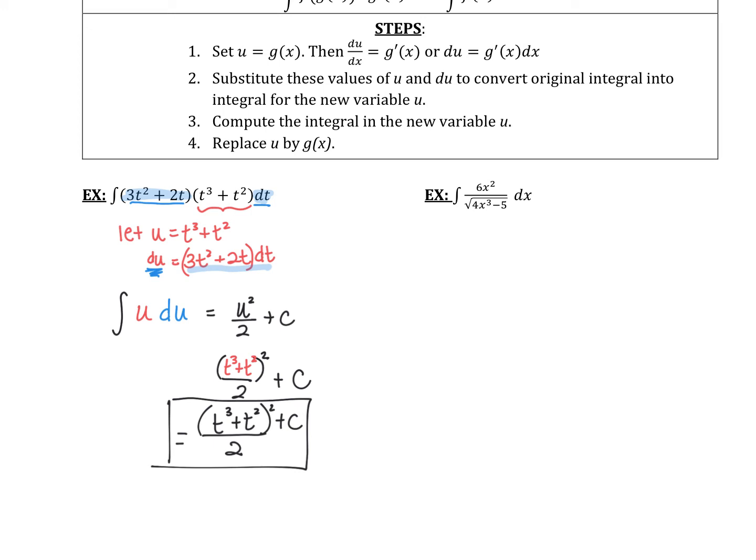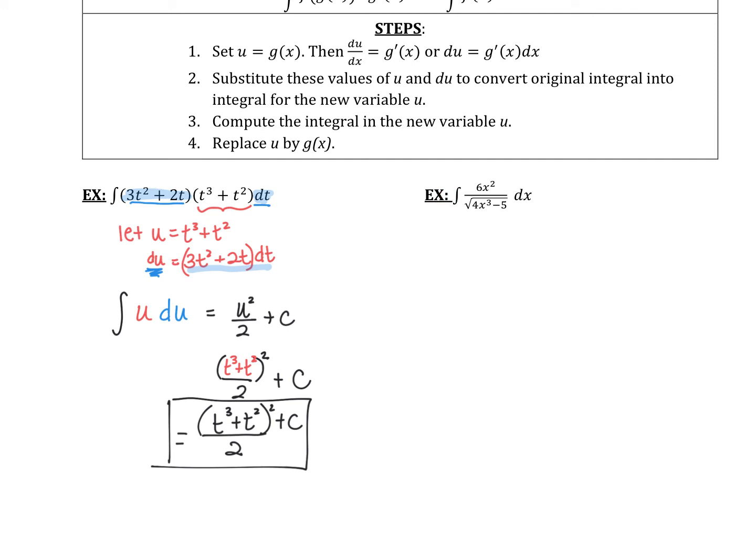We've got the antiderivative of 6x squared over the square root of 4x cubed minus 5 dx. Now remember that dx is just notation. It's required to be part of that integral, so we need that there. But let's look at this problem. If I didn't have this integral here, and I were to take the derivative of this, what part of this would give me a chain?